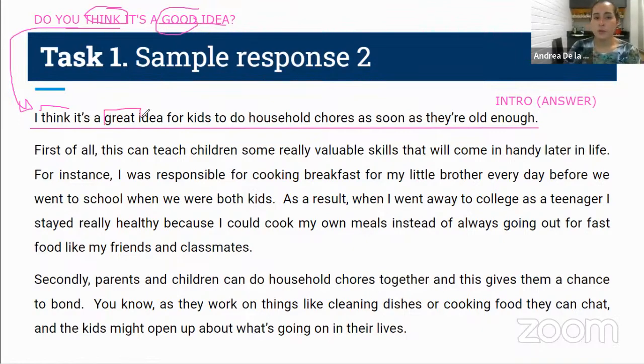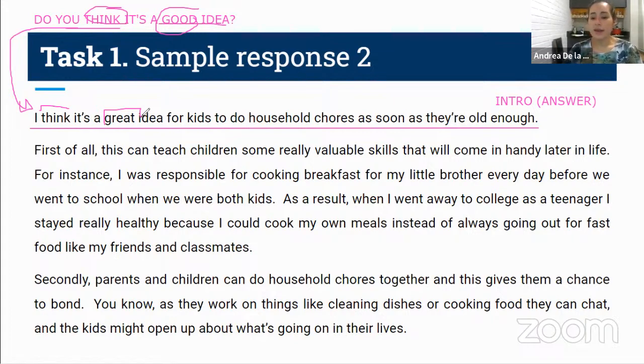Remember, I told you you need to be very strong when you're answering the question. It needs to be really strong, like you're super sure about what you're saying. So it is different if I say, yes, I would say that it's a good idea for kids to do household chores, than if I say something like, I think it's a fantastic idea for kids to do household chores, right?